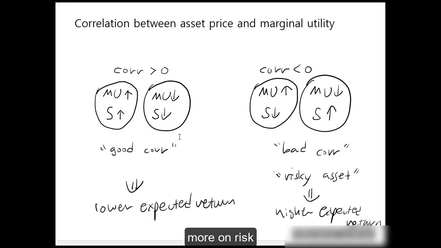So instead of talking about income, let's think about marginal utility. As you may remember from economics class, marginal utility is low when income is high. So the marginal utility goes in the opposite direction to income. When income is high, marginal utility is low. When income is low, marginal utility is high.